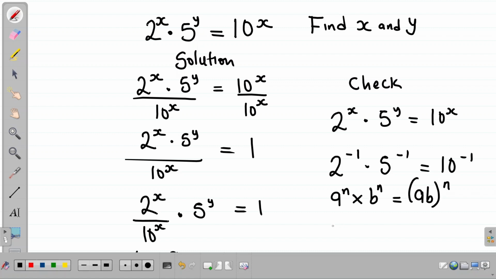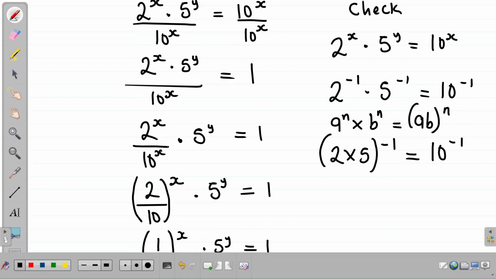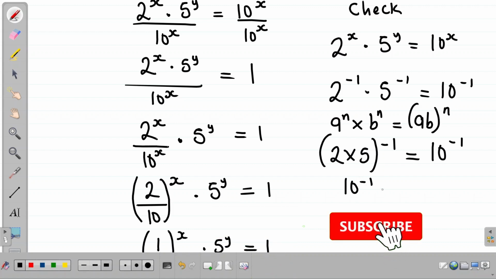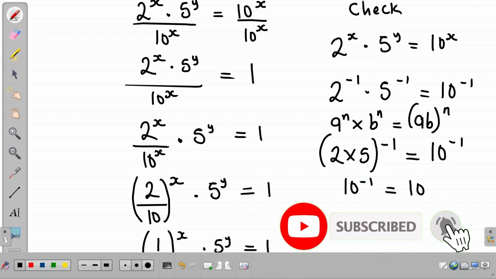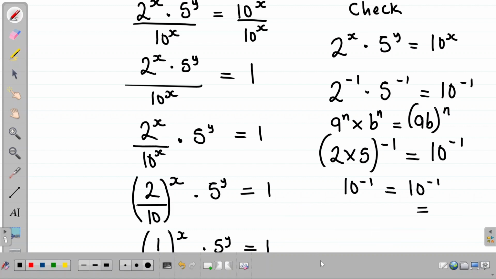So I have 2 times 5, all raised to the power of negative 1, is equal to 10 raised to the power of negative 1. 2 times 5 is 10. So here we have 10 raised to the power of negative 1 equal to 10 raised to the power of negative 1. That is our answer.